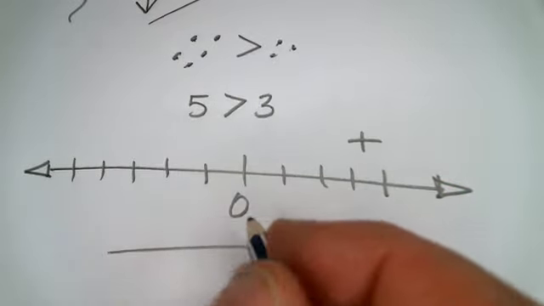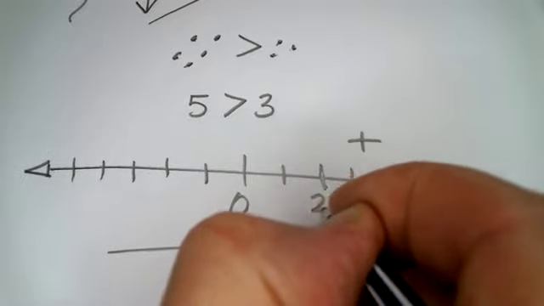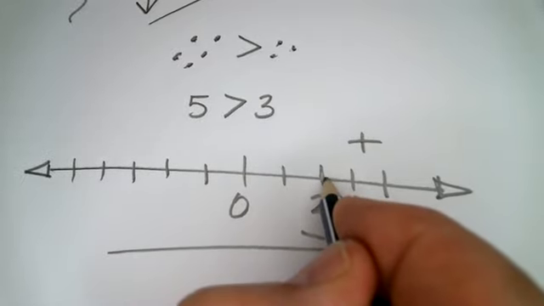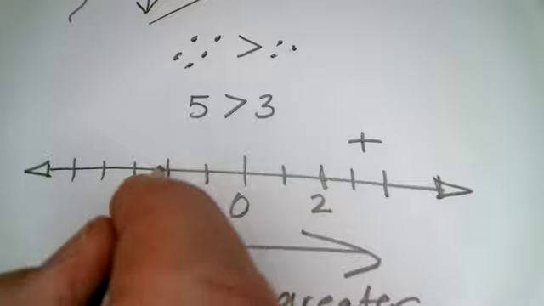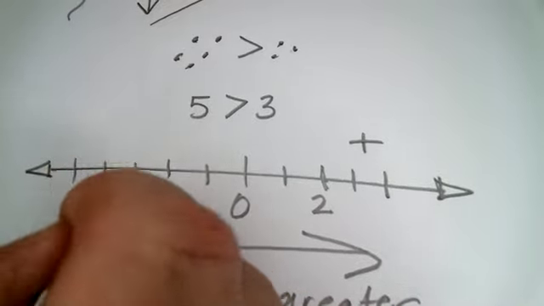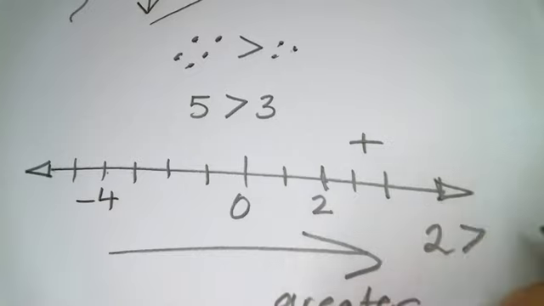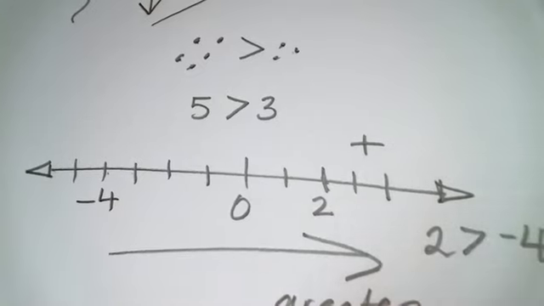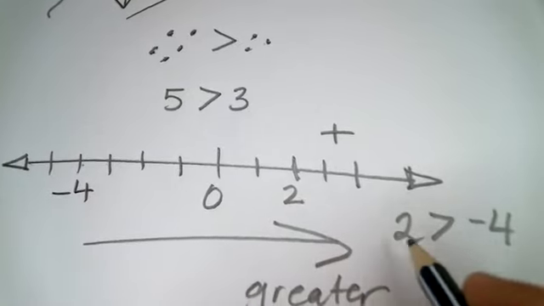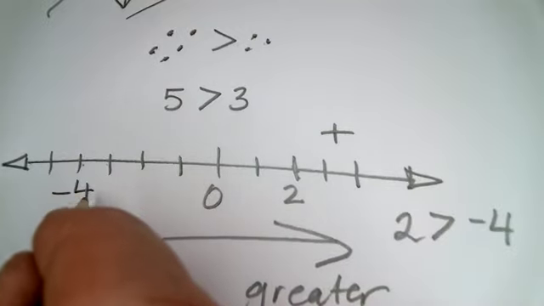So for example, this thing here is 2. We could say 2 is greater than negative 4. Why? Because it's to the right of negative 4.